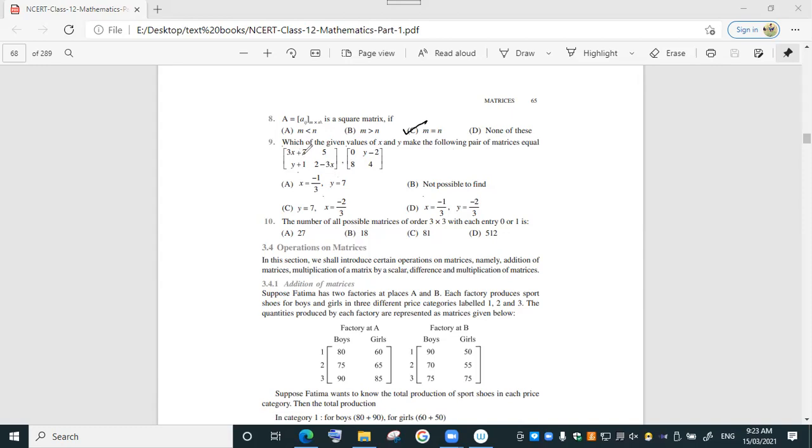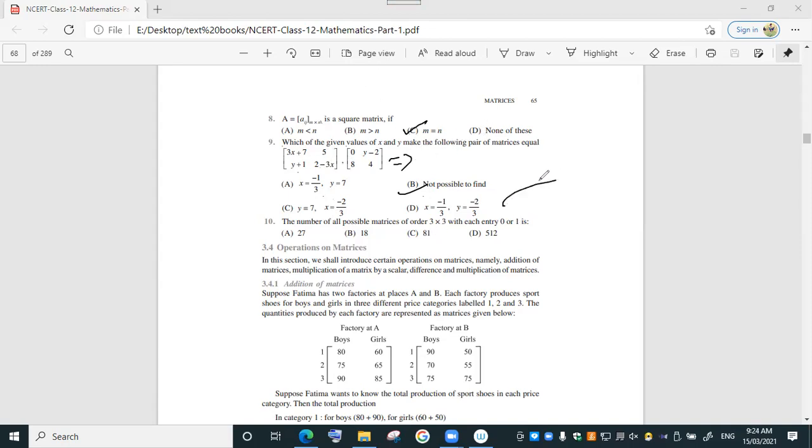For question number 9, the answer will be option B, because 3x plus 7 is equal to 0, and y plus 1 is equal to 8, so y is equal to 7. So by equating, we can find the value of x and y, as we did in the previous question.